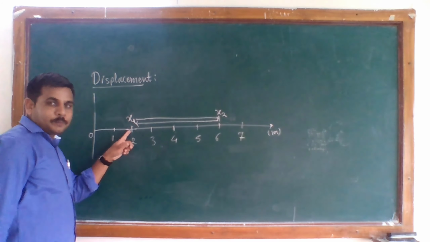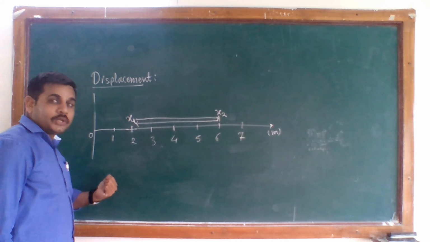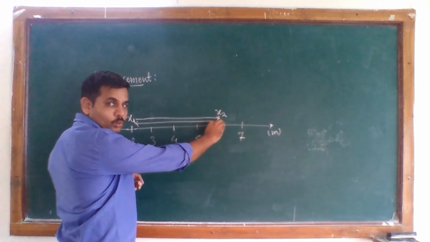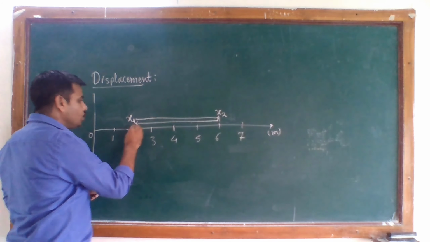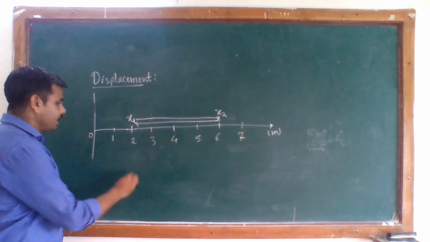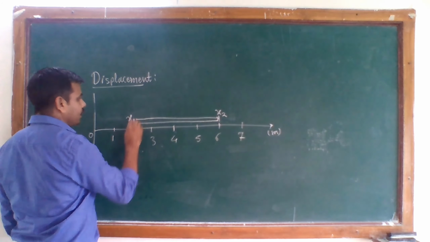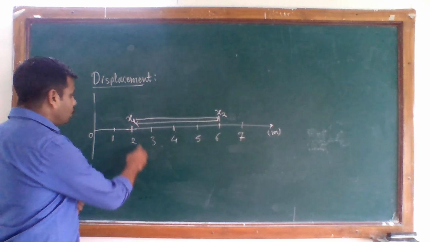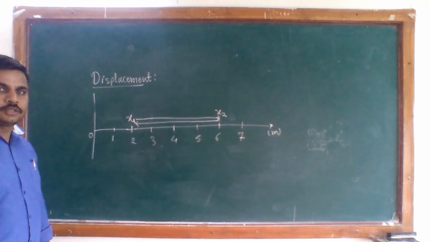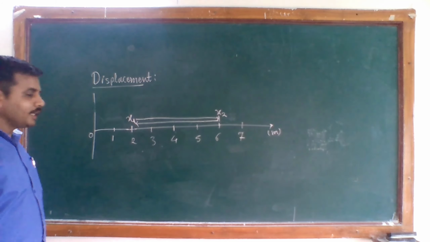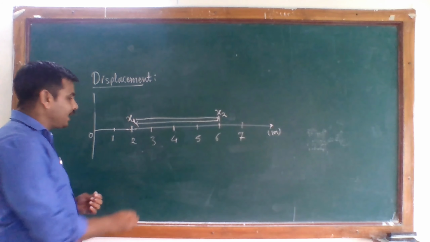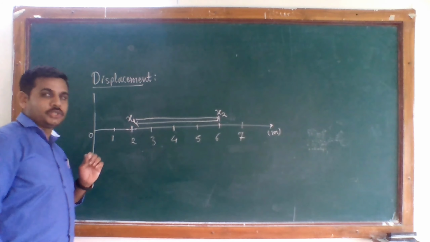So the object is again at its original position, from x1 to x2 and x2 to x1. So here your x1 is 2 meter and x2 is also 2 meter. In that case, there is a round journey and the object is at its original position.